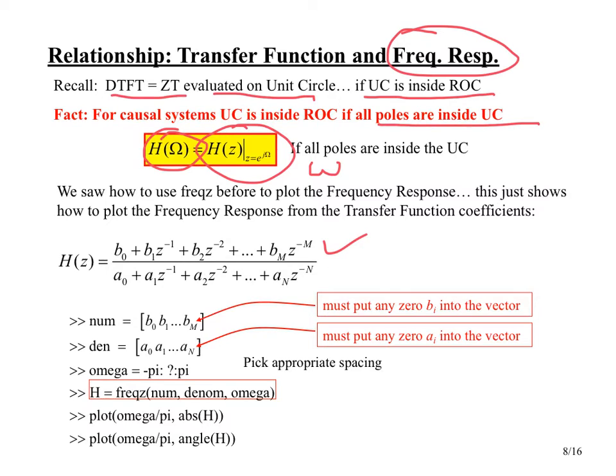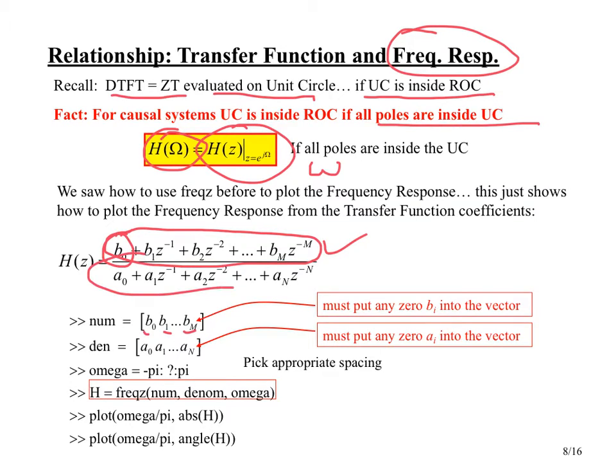And then we create in MATLAB a vector whose coefficients are the coefficients of that z inverse polynomial, starting from the term with z to the 0. So we write b0, b1 all the way down to bm in a vector.